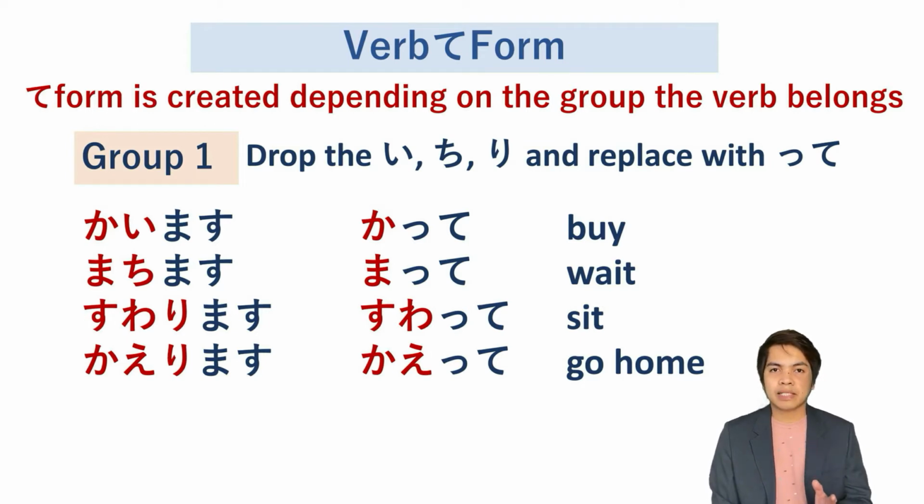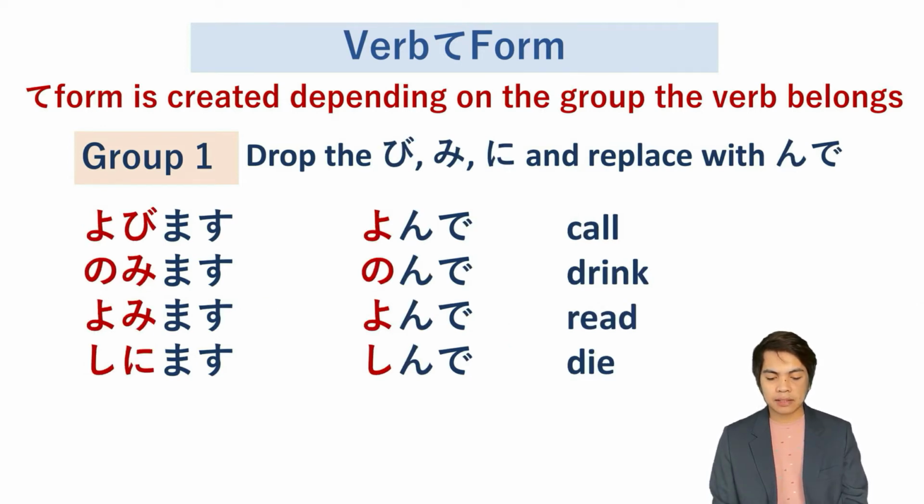Remove masu, so we will have kai, and the last character is i. Replace i with small tsu te, it will become katte. Next, machimasu, to wait, machi, it will become matte. Next, suwarimasu, suwari, suwatte. Next, kaerimasu, to go home, kaeri, kaette.